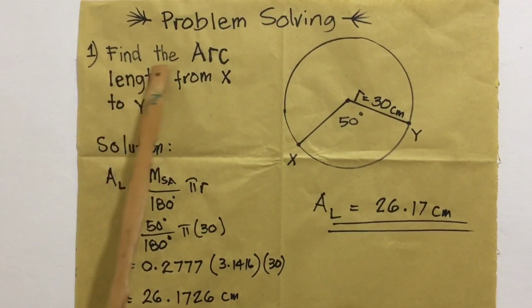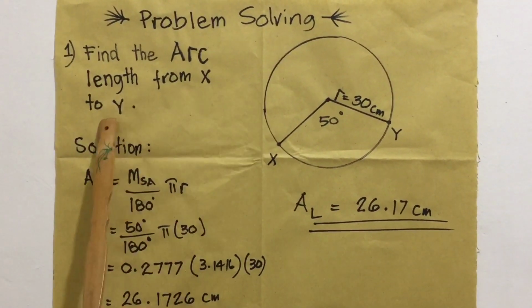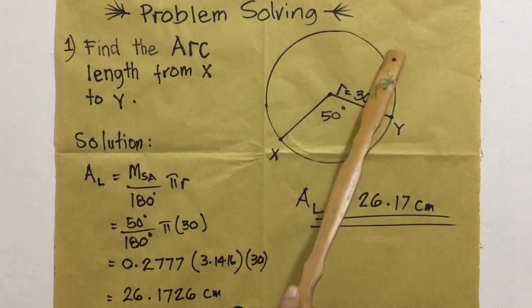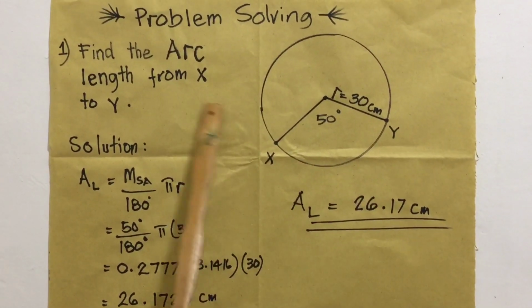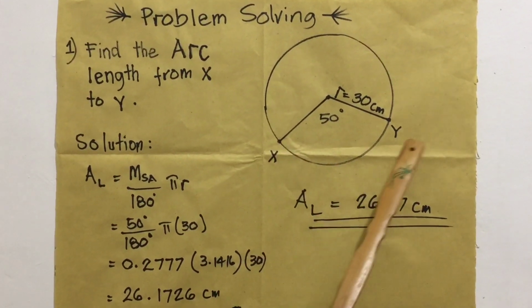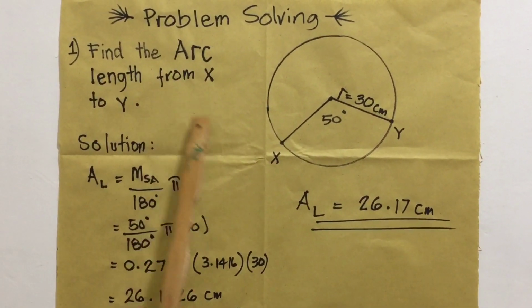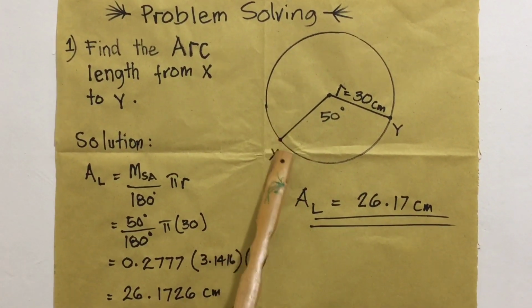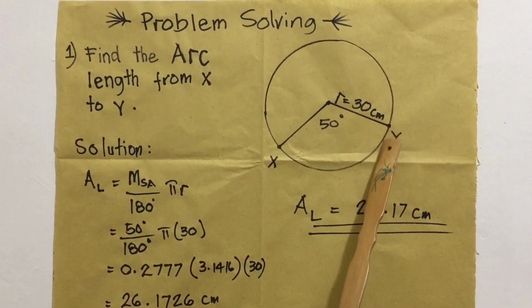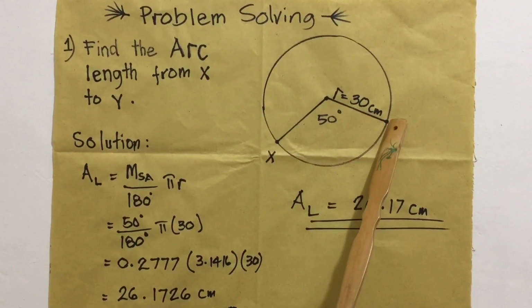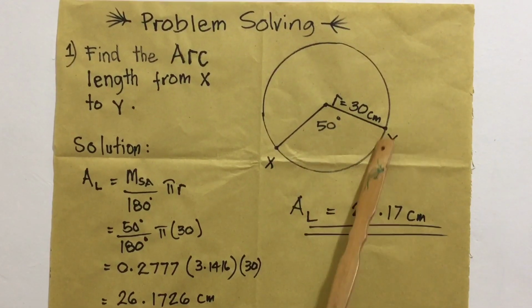Unang tanong, find the arc length from x to y. So the given circle and point x and point y, and the problem is asking for the length of the arc from x to y. So ito yung gustong malaman kung gaano kalayo.